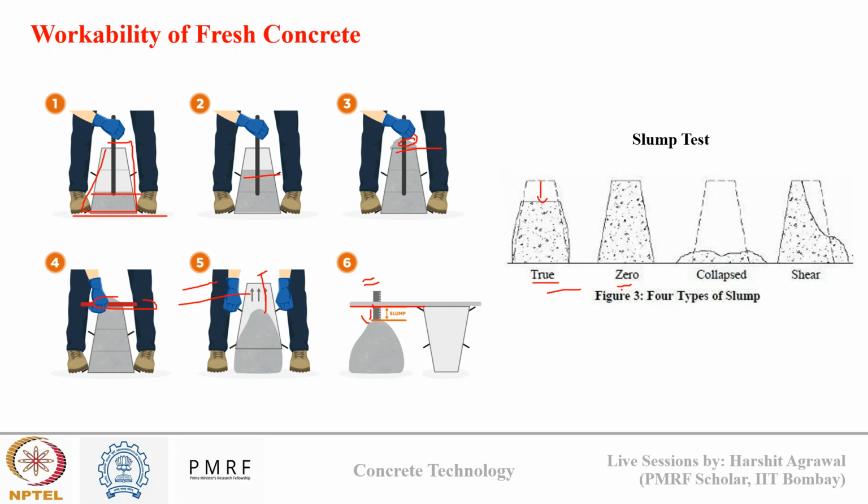Then my slump is said to be zero when there is no vertical deviation in concrete, and this means that my concrete is stiff and has almost zero workability. Then my slump is said to be complete collapsed slump when the vertical deviation is completely till the floor level. This means that the slump value is pretty high and concrete is said to be collapsible concrete, with very high flowability.